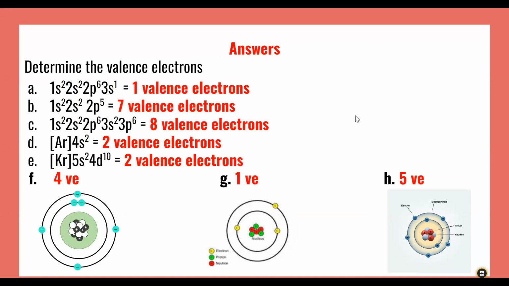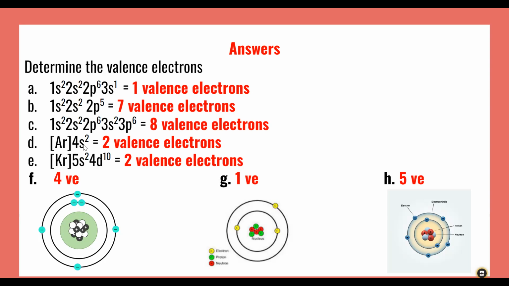Here are the answers. Here, it's only one valence electron: energy level 1, 2, 2, 3. So in this third energy level, there's only one valence electron, okay? Here, first energy level, the second, there are 2 highest energy levels here. So we have to add this and this up. 2 plus 5, 7 valence electrons. Here, 1, 2, 3, 3. There are 2 highest energy levels, so it's 2 plus 6, that's 8.